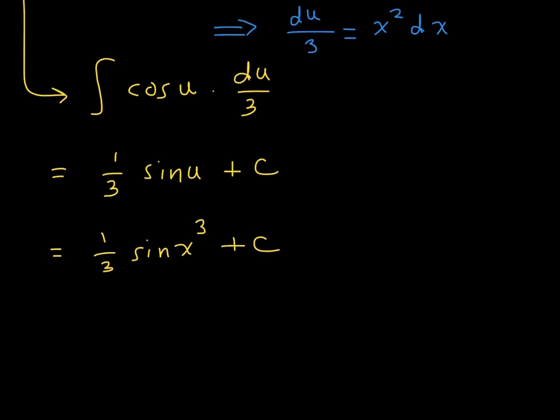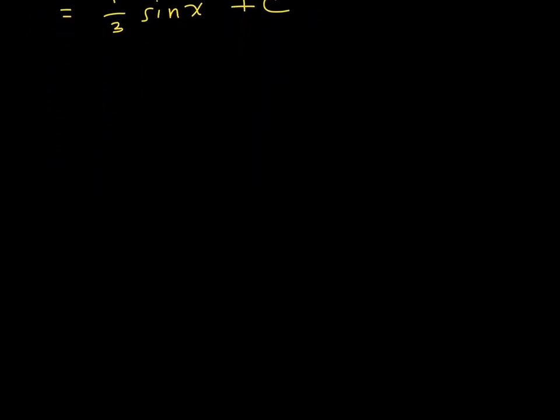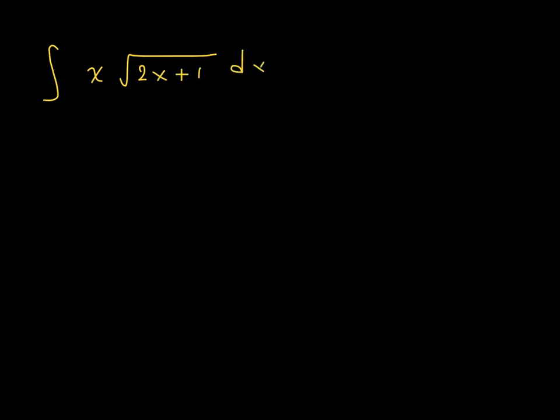Now this next example is really great. Notice they are asking us for the integral of x times the square root of 2x plus 1 dx. This one's really interesting because of that extra factor of x in the integrand. Earlier we had something similar, and we said let u equal the radicand 2x plus 1.